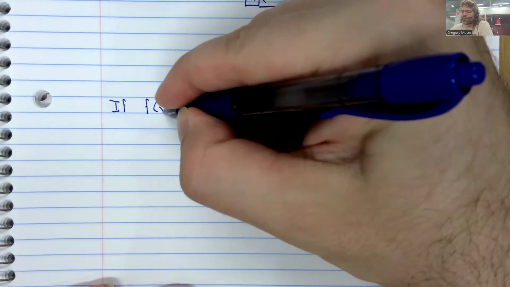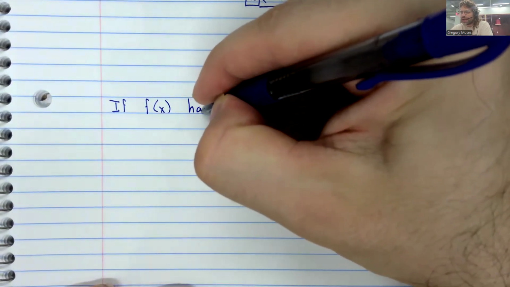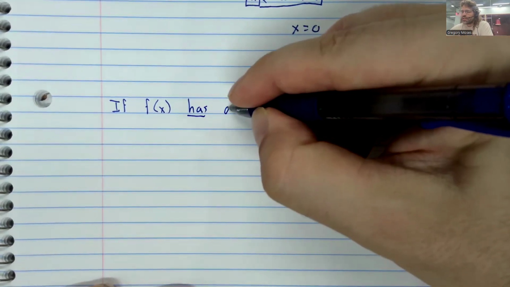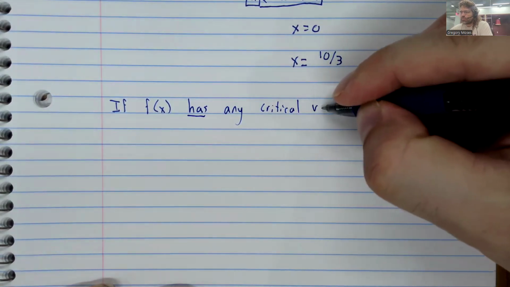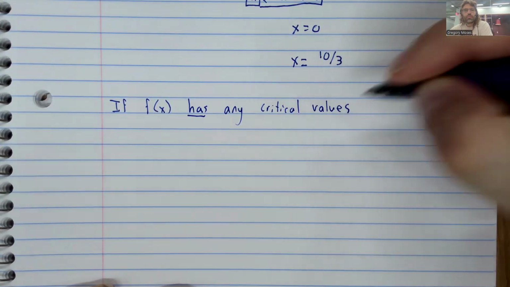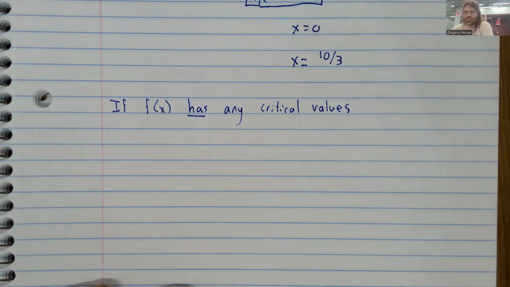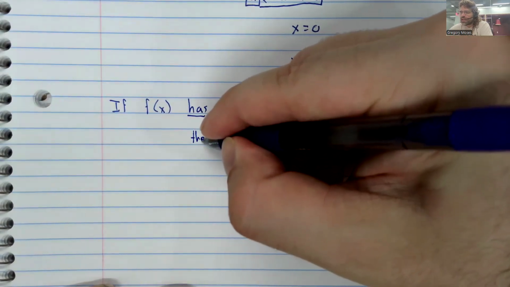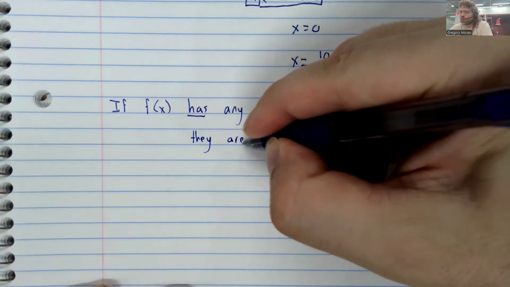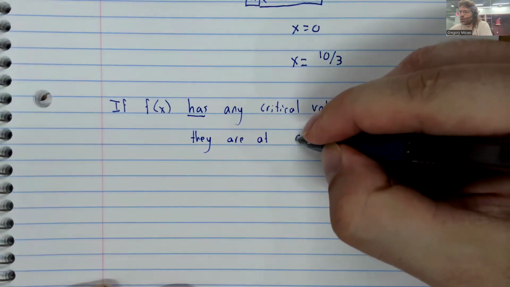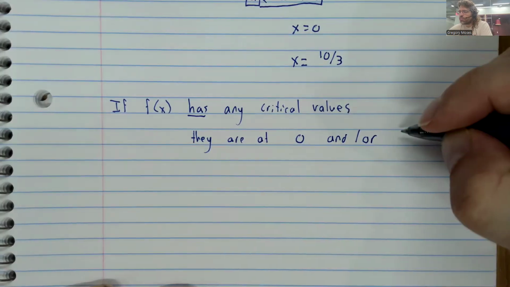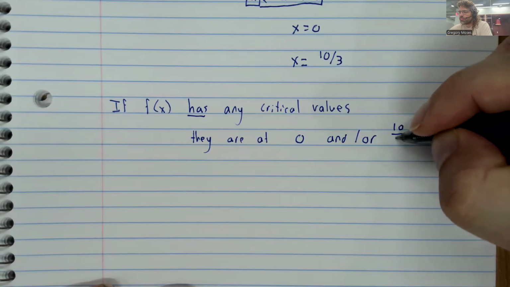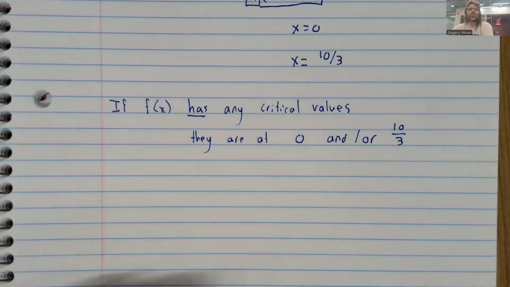But if f of x has any critical values, it might not, but if it does, they are at 0 and or 10 thirds.